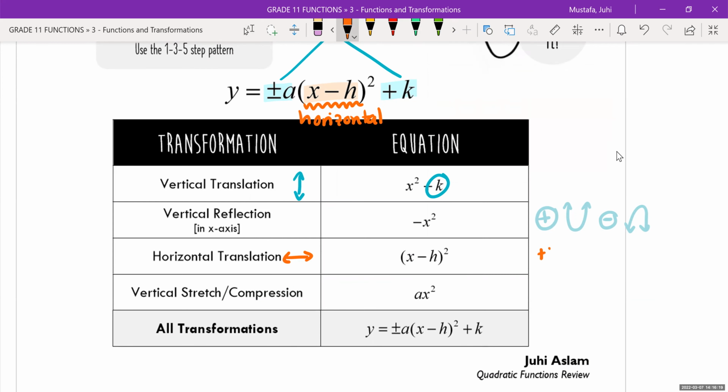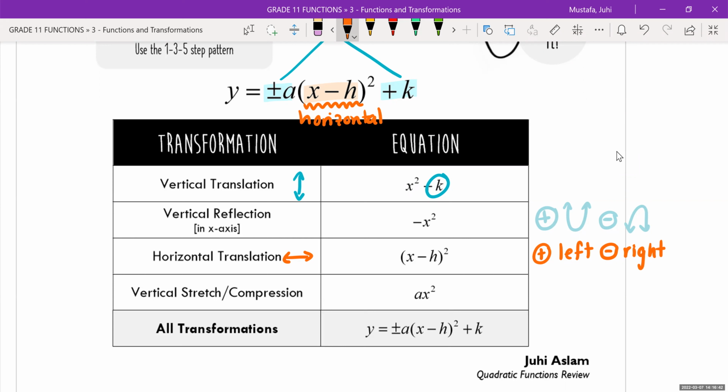If the number inside of your bracket is positive, that's actually going to be shifting your graph to the left. And if the number inside of the bracket is negative, that's actually going to be shifting your graph to the right.